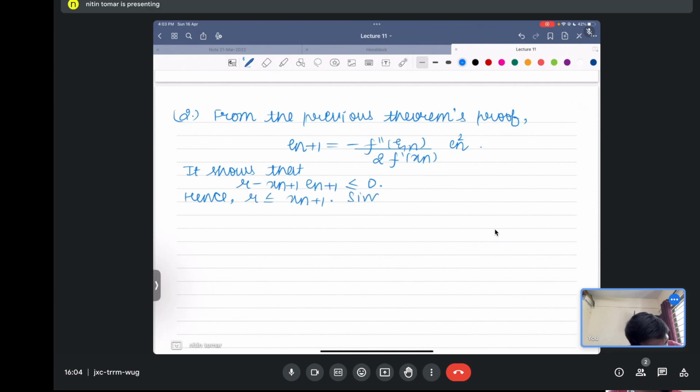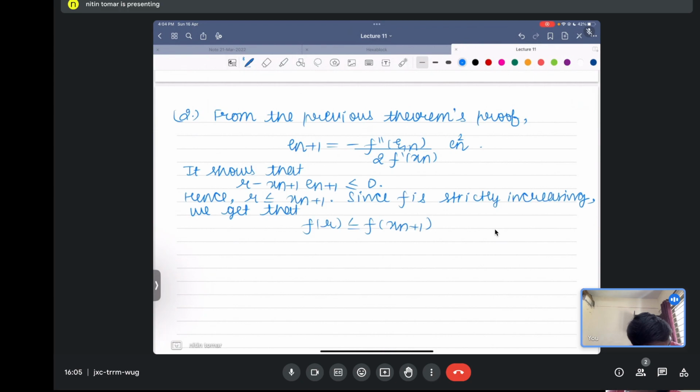And since f is strictly increasing, we get that f of r is less than or equal to f of x_{n+1}.